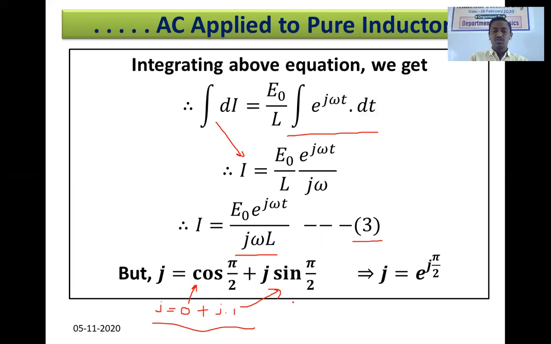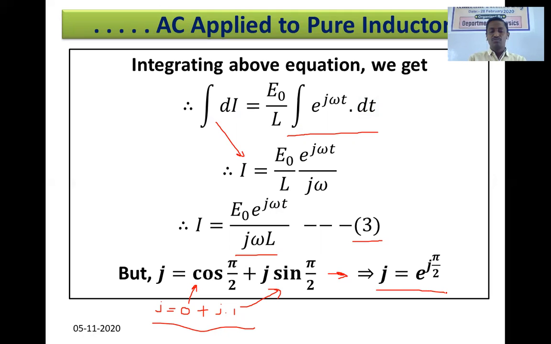Now use De Moivre's theorem, which is cos theta plus j sin theta equals e to the power j theta. Here j is analogous to the imaginary number i used in complex algebra, having the value of under root of minus 1. So this equation simplifies to the form j equals e to the power j pi by 2.